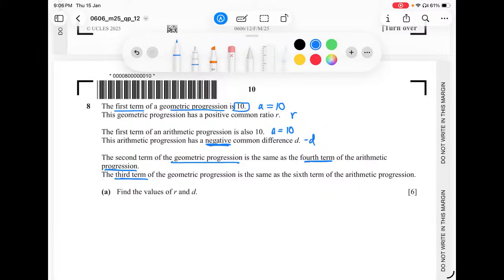The third term of the geometric progression is the same as the sixth term of the arithmetic progression. Find R and D. This is for 6 marks.